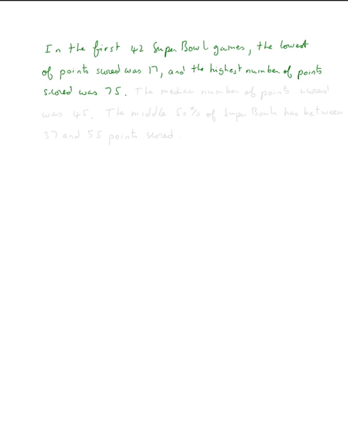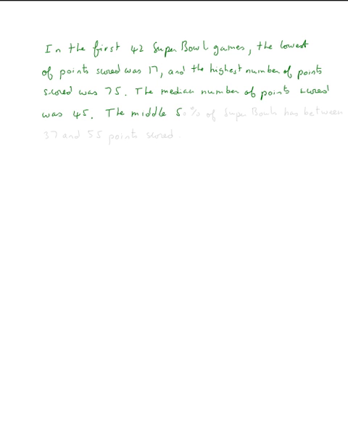It makes more sense. And then you go straight to the median. The median number of points scored was 45. And to talk about the two quartiles, we just talk about the IQR. How do we say IQR? We say the middle 50%.